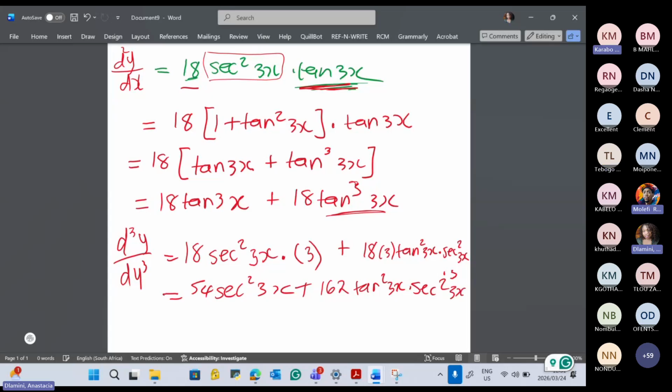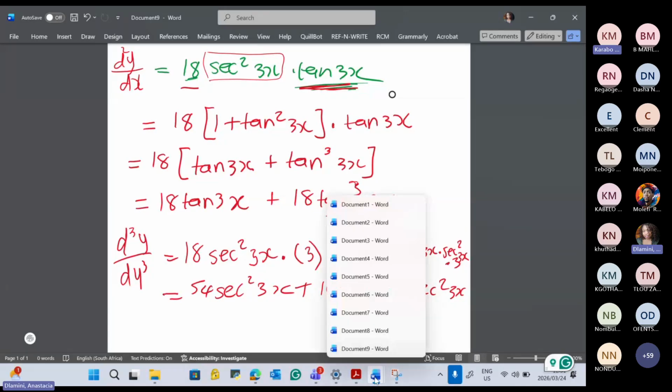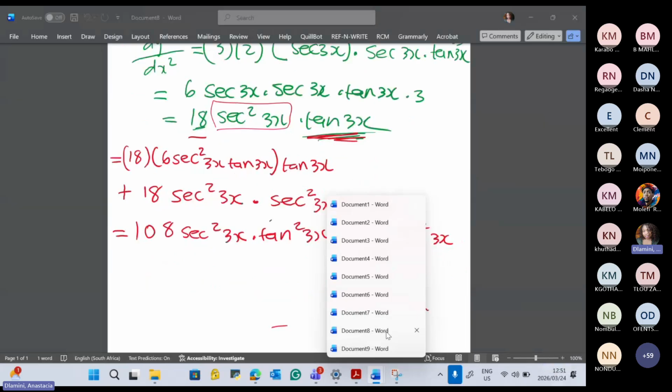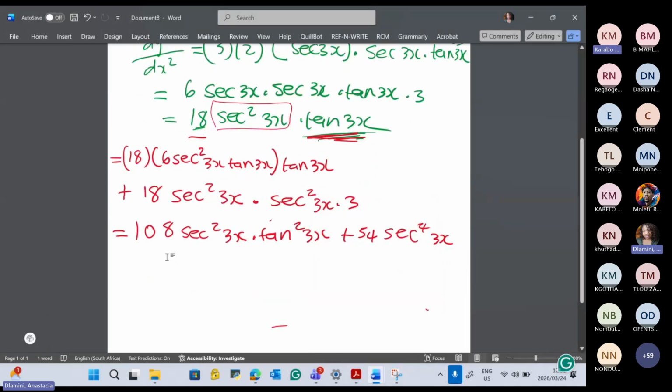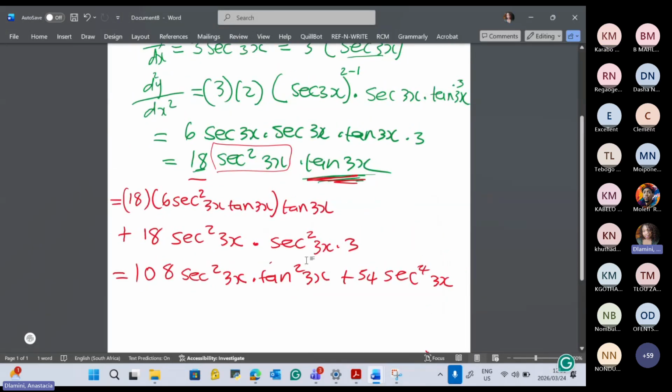Do you see that the answers are different, guys? The two answers are different, but the methods are correct. This one, we didn't change to the identity. And when we didn't change that to the identity, did you notice how many mistakes we had?